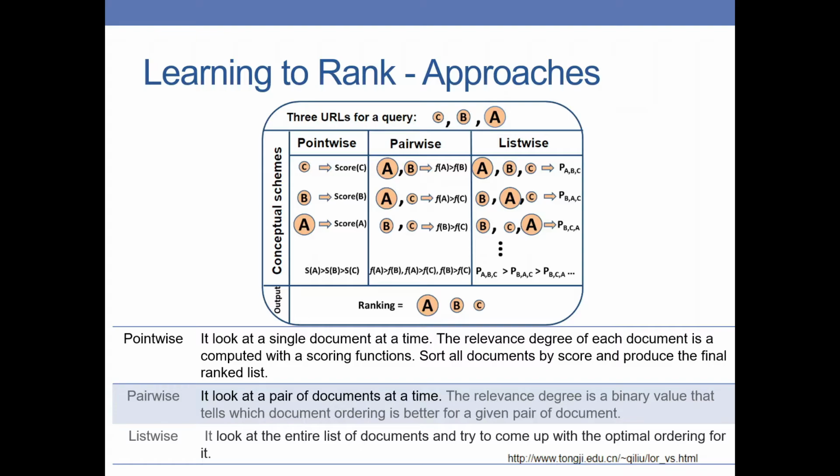So you just take two students out of the group, and using eye judgment, you find out who's taller, and then you repeat it for the whole batch and come up with a final ordering. In the listwise approach, you repeat the eye judgment approach for the entire group of students, and you come up with an optimal ordering. So this is the whole crux of the different approaches of learning to rank.